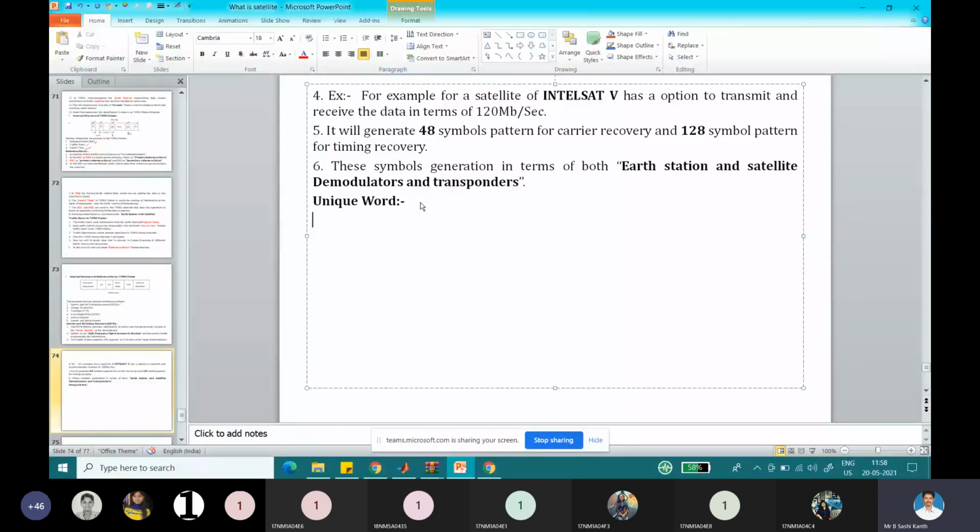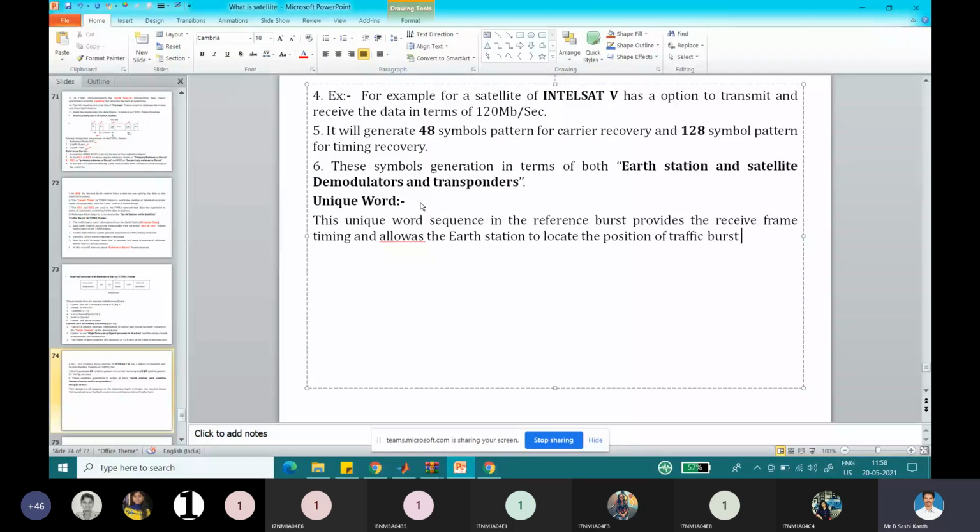This unique word sequence in the reference burst provides the received frame timing and allows the earth station to locate the position of traffic burst in the frame.